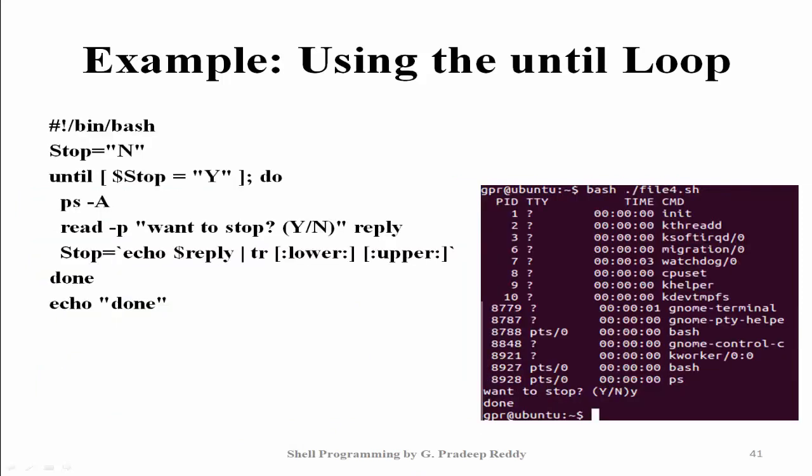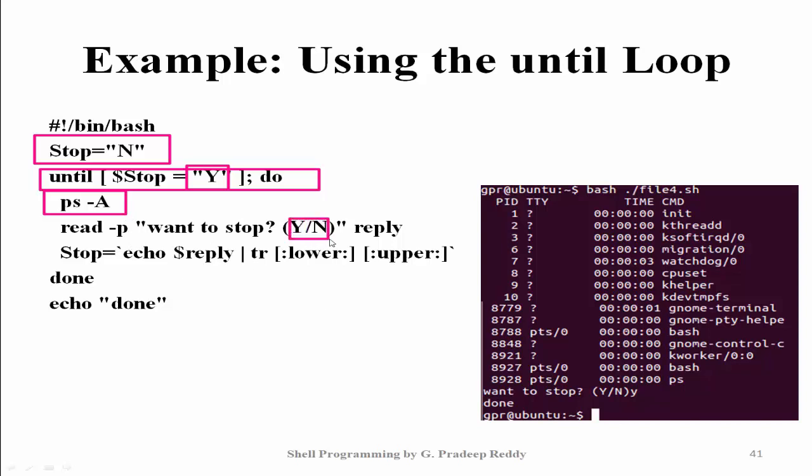Next, here you want to translate uppercase to lowercase. Similarly, we have used it in another program. The loop will repeat until you stop by pressing S. It is going to list all the processes which are running. If you have pressed small y or small n, it needs to be translated from lowercase to uppercase.